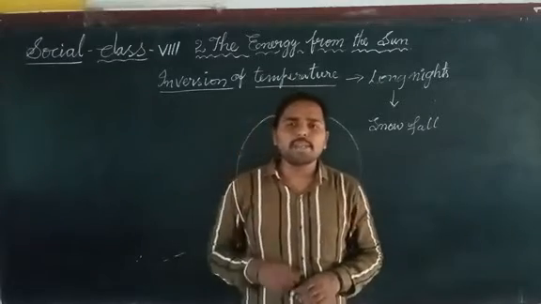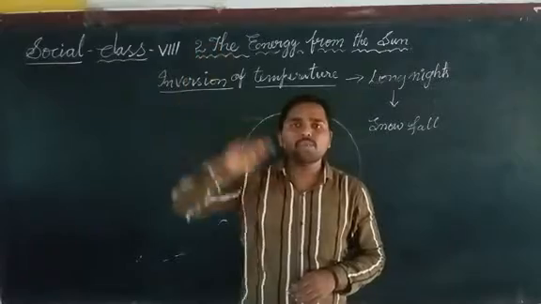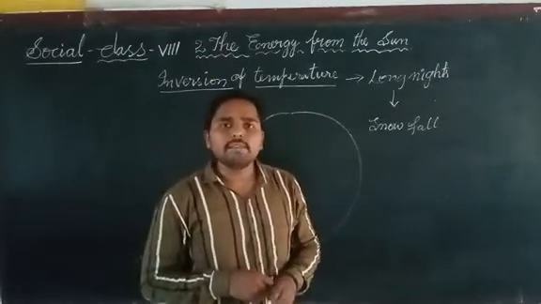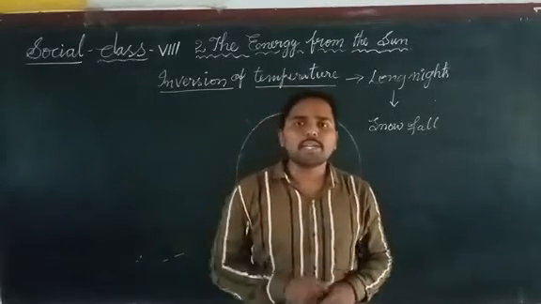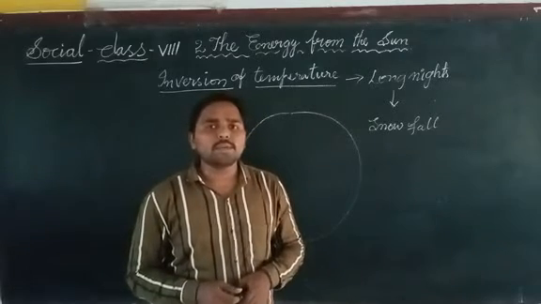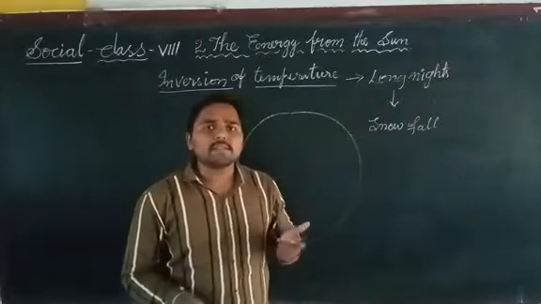As we have seen in the previous class, the temperature decreases as we move far away from the surface of the earth. But during the winter season, at the time of mornings, we can see the inversion of temperature, because snowfall is present on the surface of the earth.